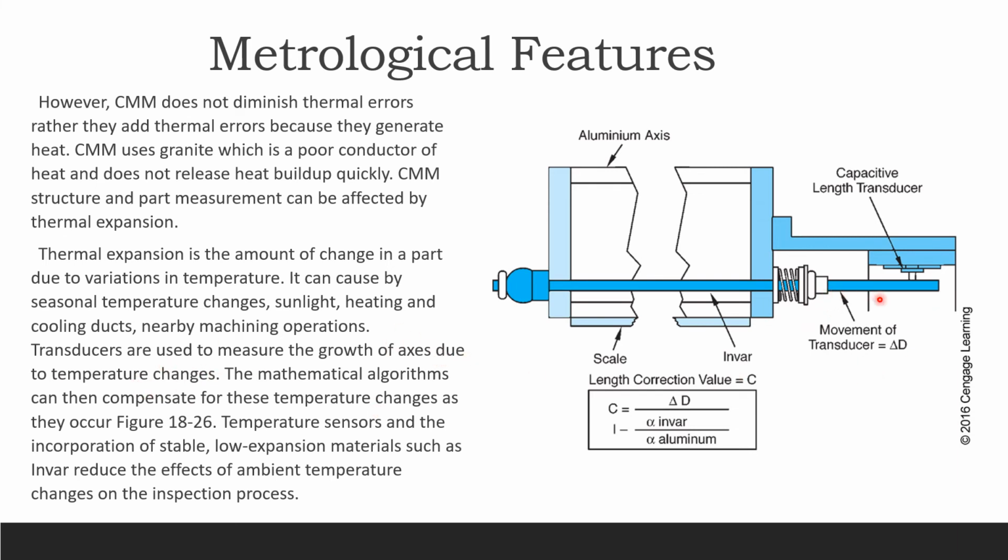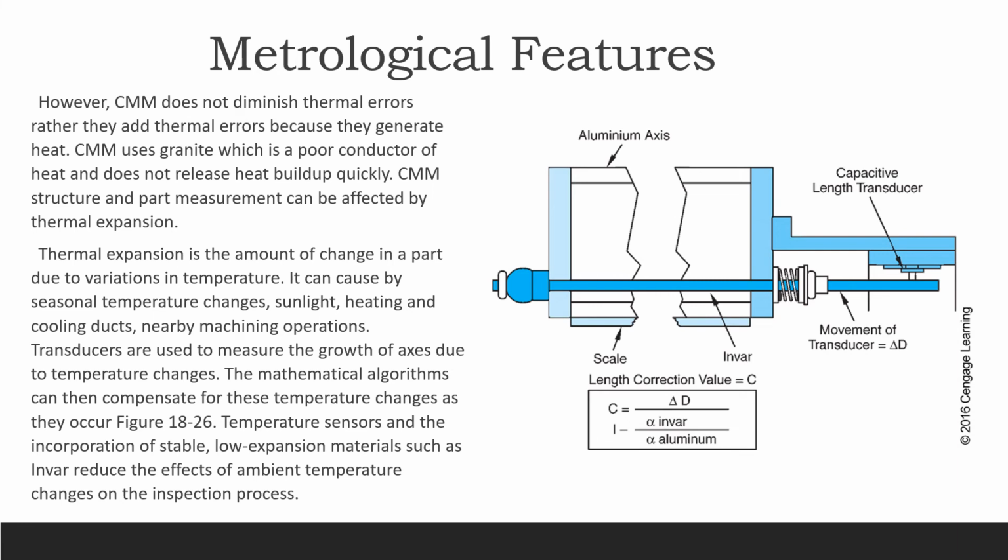So here is your movement of the transducer, and we usually use a little bit of math. Delta, that's just telling you the change in D, another mathematical symbol. And here is a length correction value. You don't have to know this. And here C is nothing but your delta D, okay? And then 1 minus alpha invar divided by alpha aluminum.